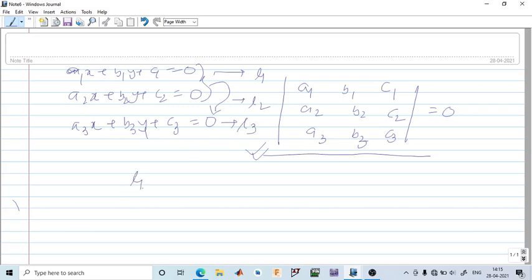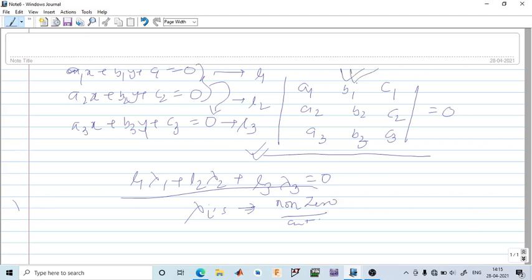If L1 is multiplied with a constant and then we do the sum, that equals 0, where the lambda i's are non-zero constants, then it is also concurrent. But in most of the problems we will use the determinant form, right? So you have understood the point of concurrency.